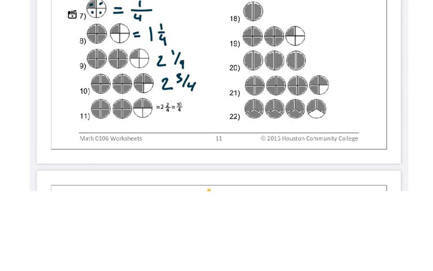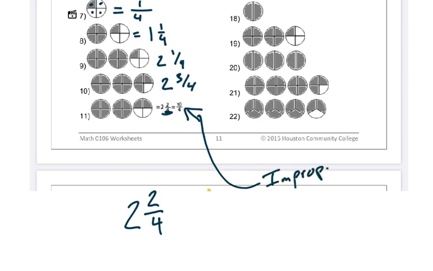And what we can see in number 11, they work this one out, and they say we have 2 2/4. And what they want you to realize is that we can convert this into this version here. This is called an improper fraction. An improper fraction is a fraction where the numerator is greater than the denominator.